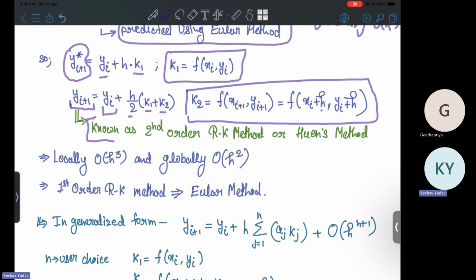So this is known as the second order Runge-Kutta method or Heun's method.